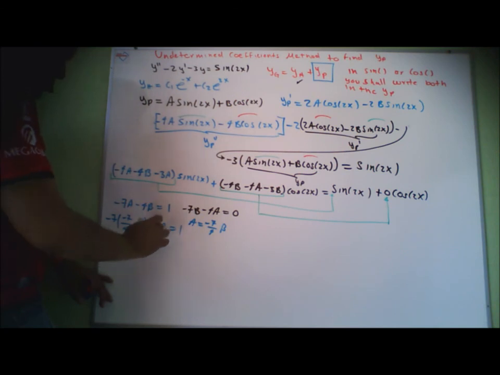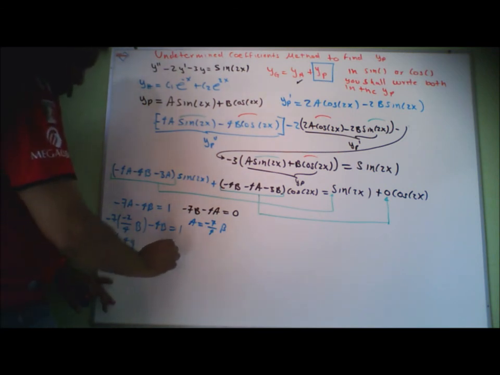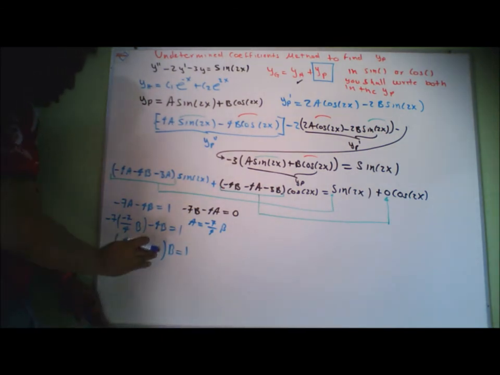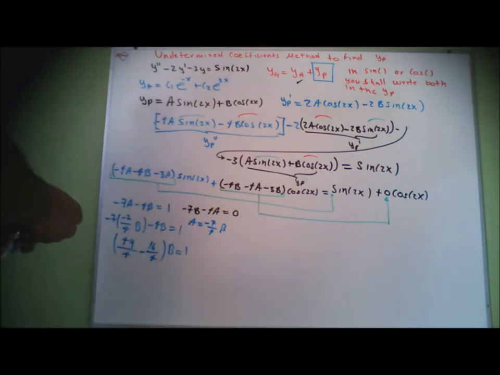This is 4, so this becomes 49 over 4 b. Let's factorize the b: minus 4b equals 1. Now let's convert this 4 into fourths, so it's 16 over 4. So 49 minus 16.